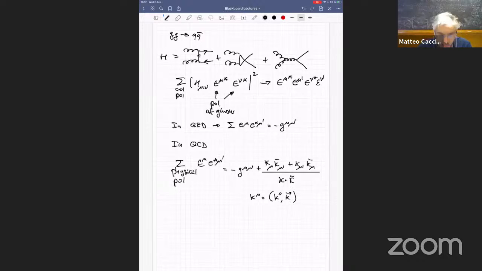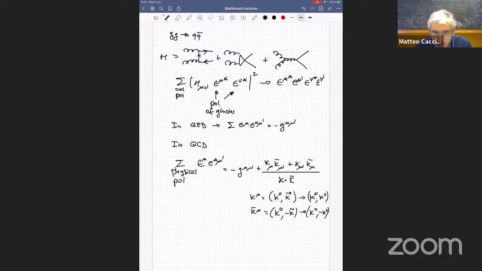This is just this one, which, by the way, if you take the z direction, assuming, of course, the gluon is massless, suppose you choose specifically the z direction, this becomes simply k0, and then k bar can be chosen as k0 minus k, and therefore k0 minus k0.